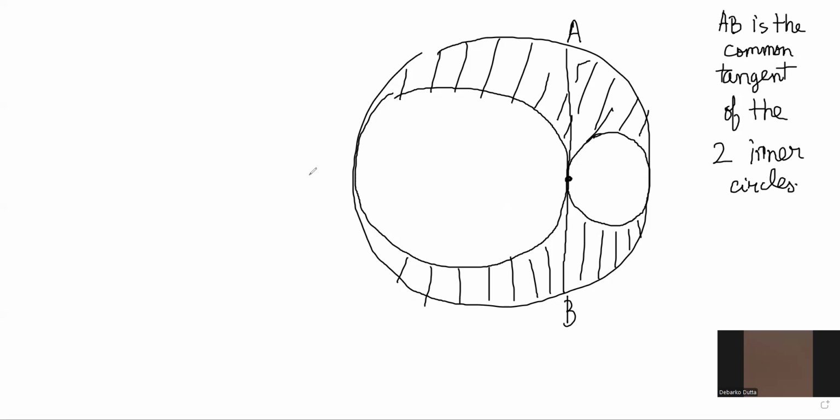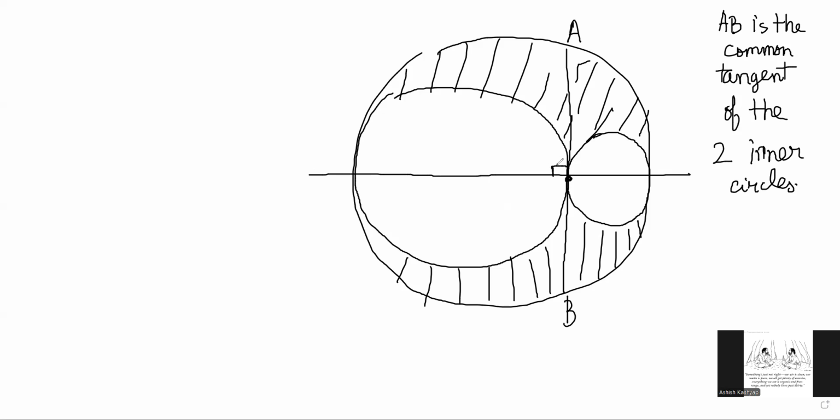Let's join a line perpendicular to AB like this. Notice that AB is a chord and this line that I have drawn is perpendicular to the chord, right? If we have not been given that this point is the midpoint of the chord, I'm going to assume that.